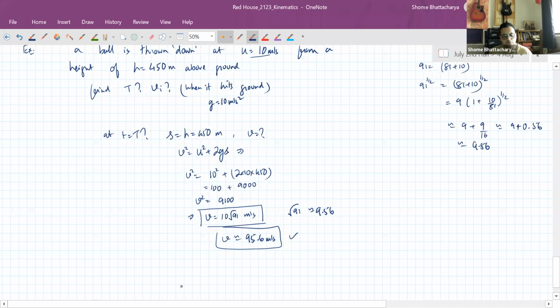So this is your velocity and v equal to u plus at. So this 95.6 is equal to 10 plus this a is g, 10 into capital T. So the total time you will see will come out to be approximately 8.56 seconds.